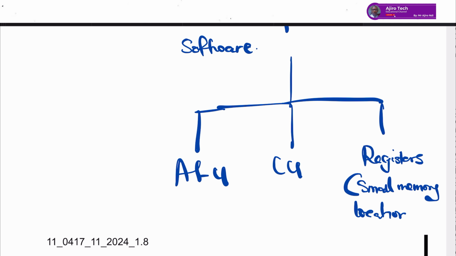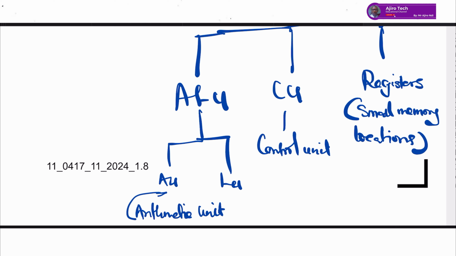The ALU talks about the arithmetic unit and the logical unit. What the arithmetic unit does essentially is to carry out any form of calculation. Logical talks about comparison. It compares between two values. So we have the logical unit.